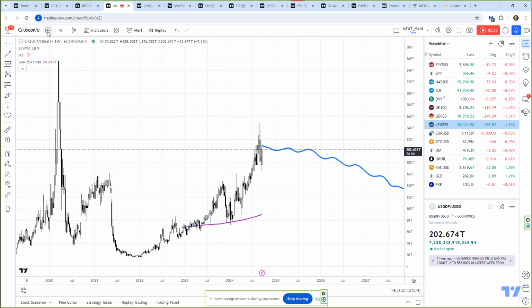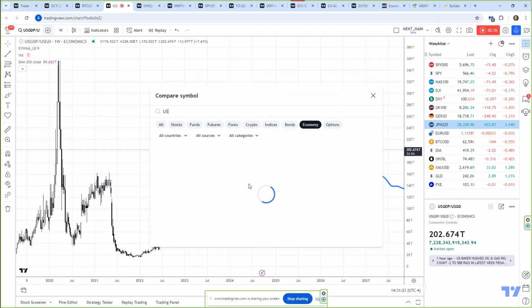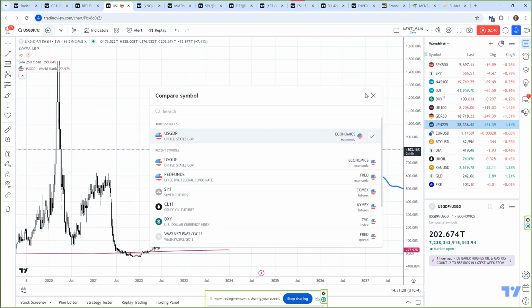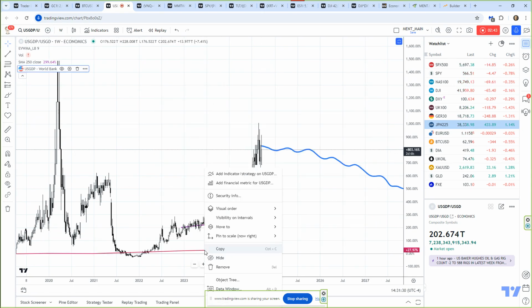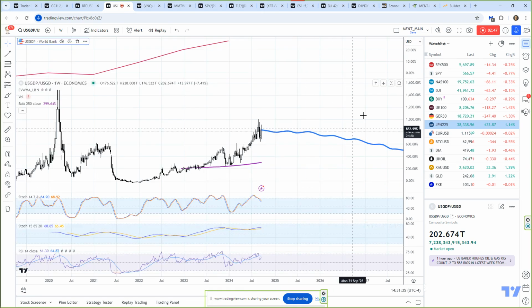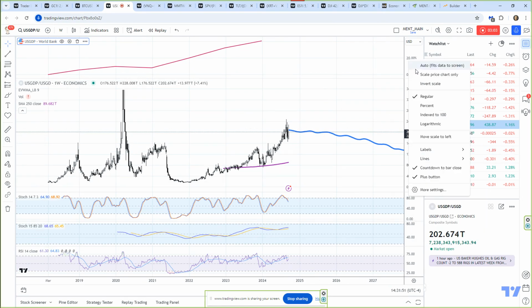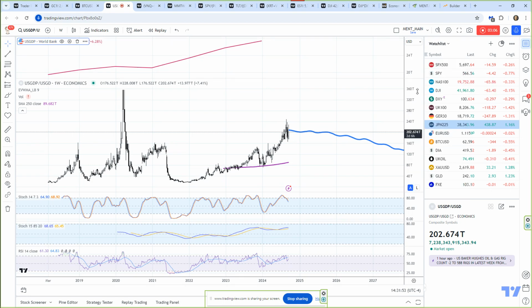So, you will add US GDP here and move it to a pane above. Okay, as you can see here, folks, the US GDP level really fluctuated from an uptrend. Well, this is now all in percent. Let's go to regular.